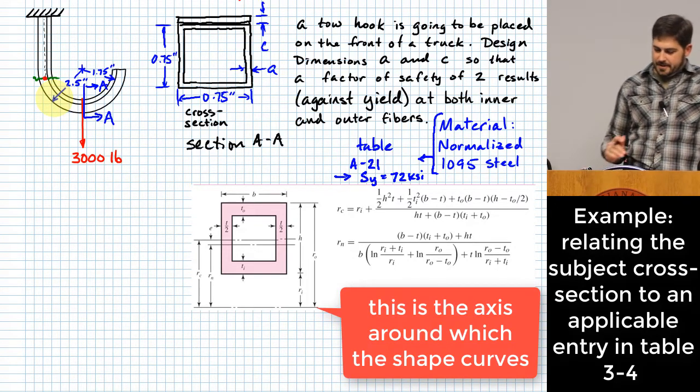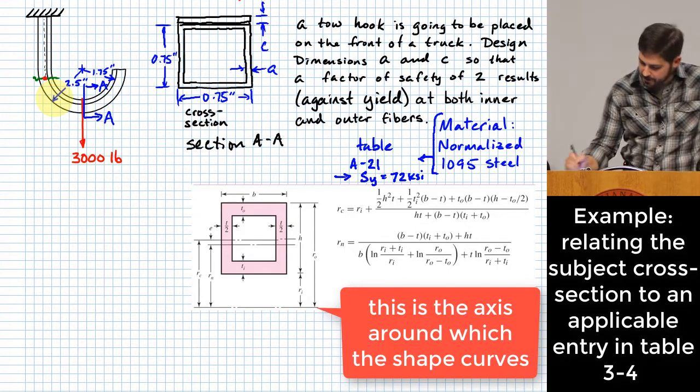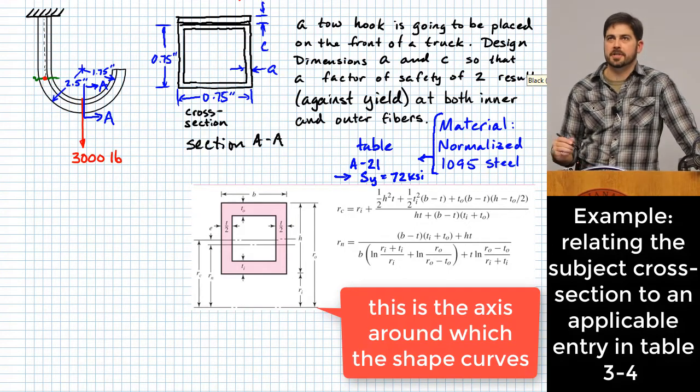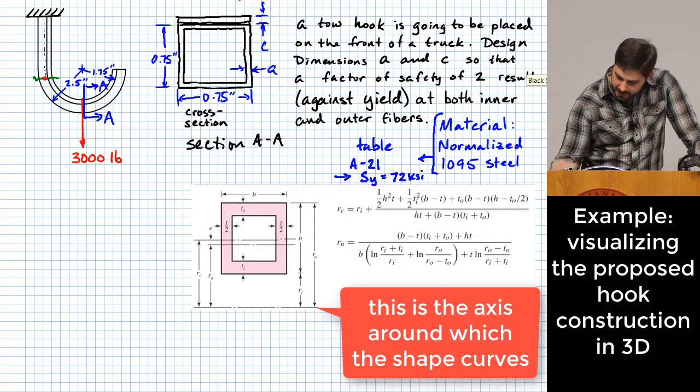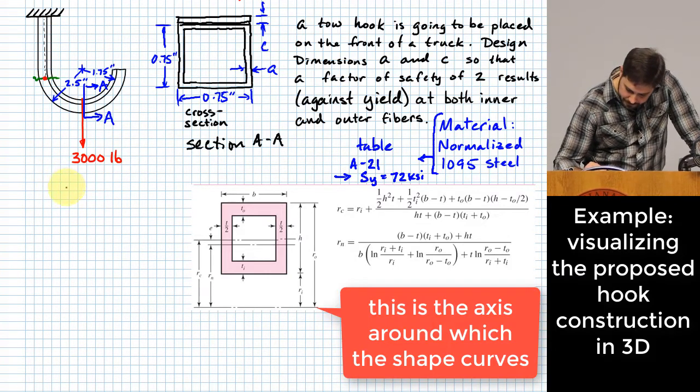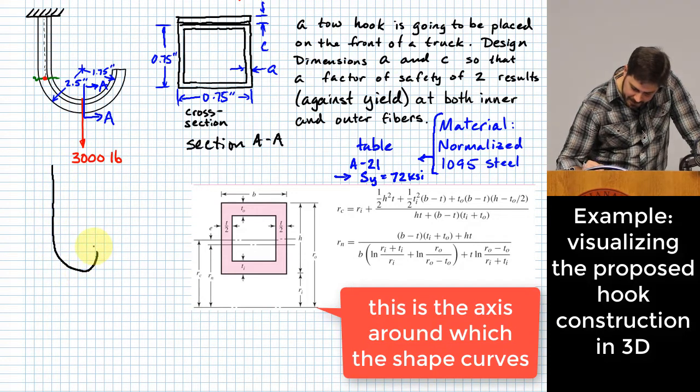Where does the strap go, Dr. Swanbom? Okay, so let me actually, it's not a bad question. Let me try to draw a quick little three-dimensional representation of this. Imagine this hook doing something like this, and maybe something along these lines. This would be the tube, something like this.